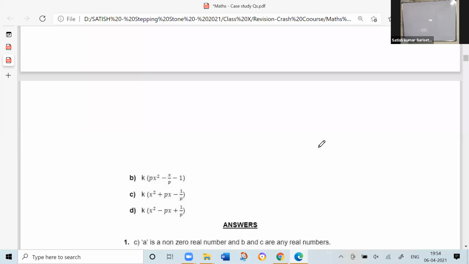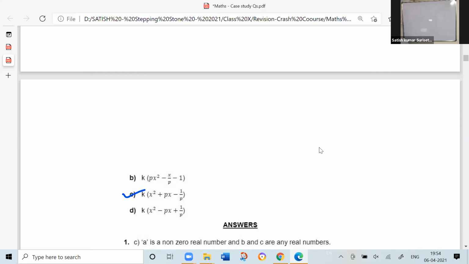Sir, option D. Sure. Option C. Option is C, not D. Check your calculation properly. So K is same everywhere.